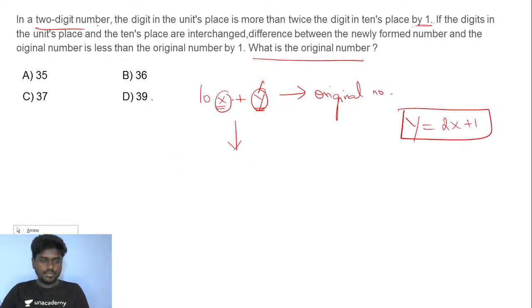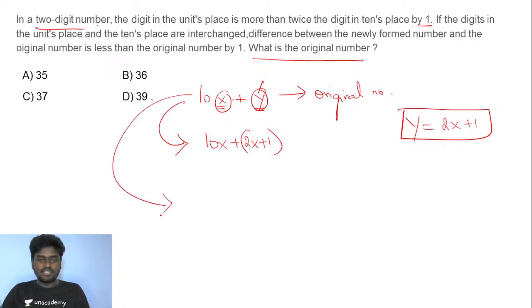So what I do here simply is substitute y is equal to 2x plus 1 in the original number, then this becomes 10x plus 2x plus 1. And if I interchange the digits, after interchanging I'll be getting 10y plus x.